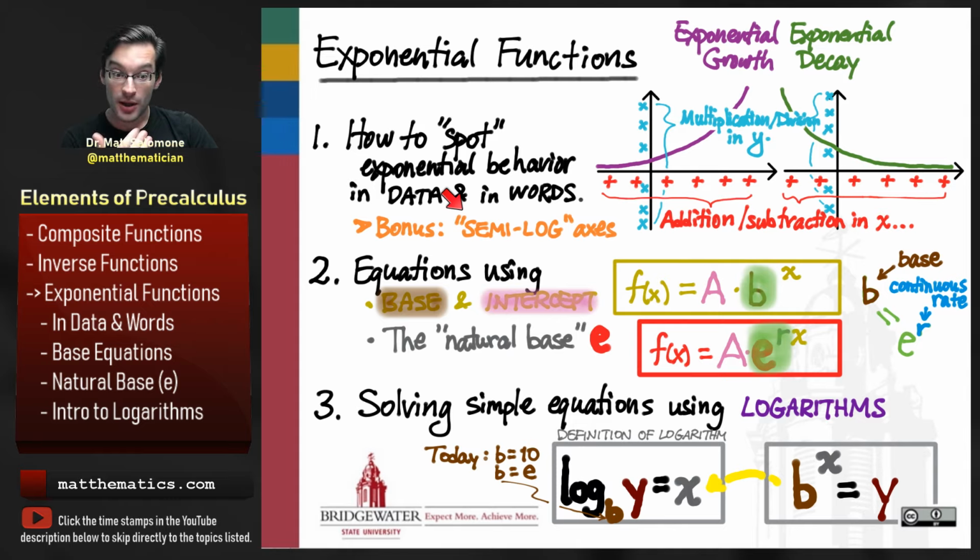And then finally we get to the algebra part, which is how do we solve simple exponential equations to rescue that unknown variable from out of the exponent using the definition of logarithms. For today, the bases of the logarithms that we're going to study are not all the bases in the world, but we're just going to focus on base 10 and base e for traditional and computational reasons.